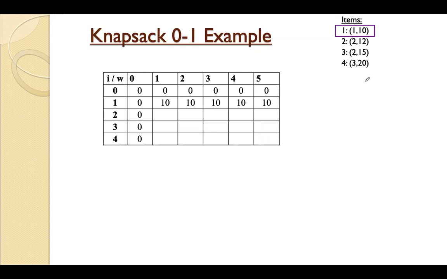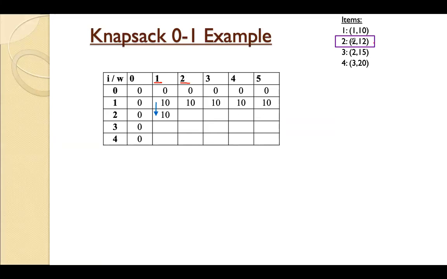Next, we shall go to the second item. When you go to the second item, this 10 will write as it is in this column. Okay, if the bag weight is 1 kg, only first item's profit 10 will get. So that will write as it is in the next row. When you come to column 2, column 2 represents weight of 2.